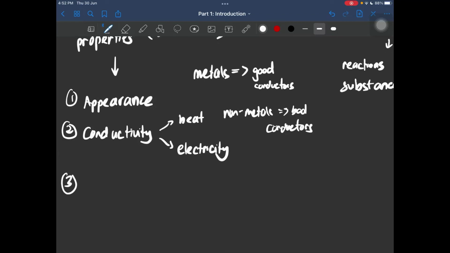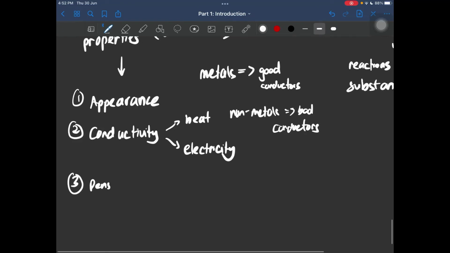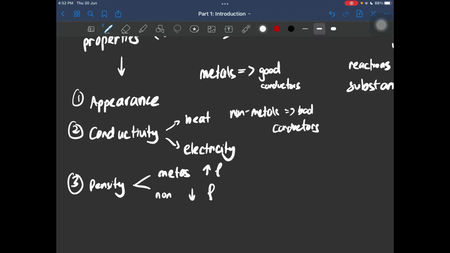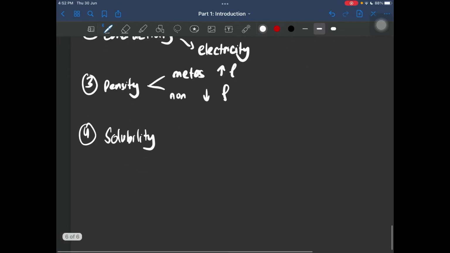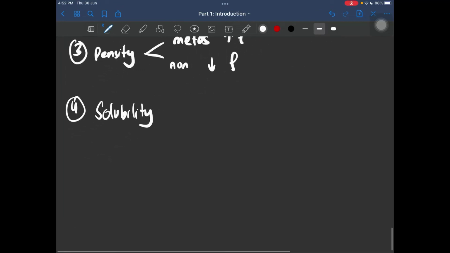Then we're going to talk about density. Usually metals have a high density, while non-metals have a low density in general. Then we're going to talk about solubility, which we will only briefly cover: whether it is soluble in water or not.